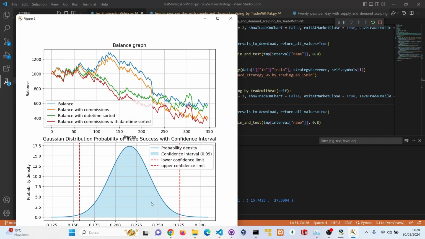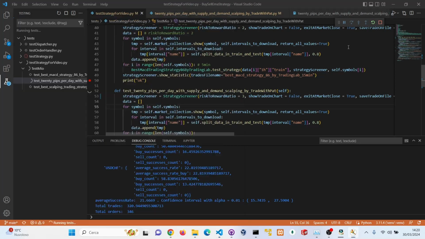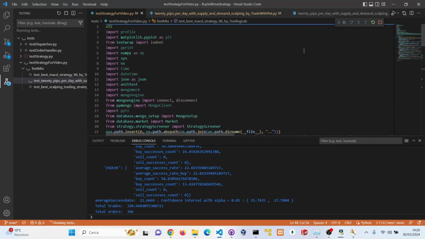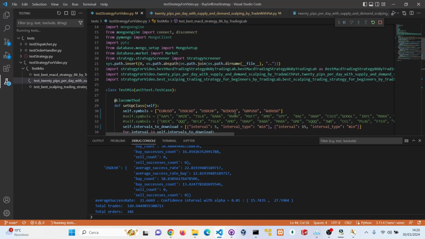And here we can see the Gaussian distribution of the average success rate. Then I tried different ways, I don't know how many, to improve the strategy, but I wasn't able to improve it using these forex pairs.